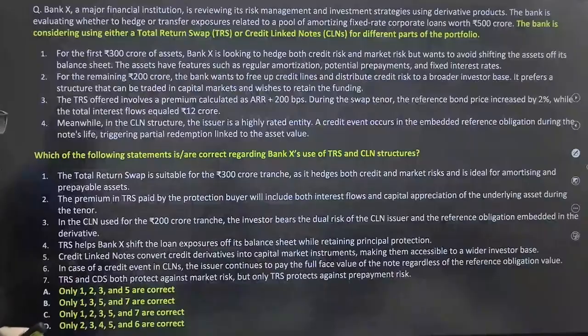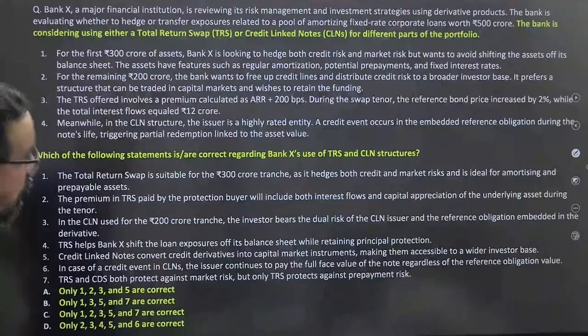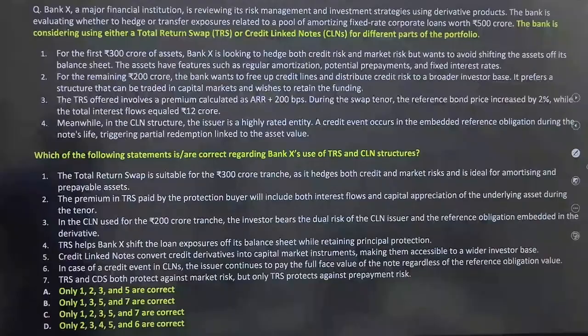Let's move ahead. Please go through this one. It is a little long but very important, very important. So read carefully, everyone. Bank X, a major financial institution, is reviewing its risk management and investment strategies using derivative products. The bank is evaluating whether to hedge or transfer exposure related to a pool of amortizing fixed rate corporate loans worth rupees 500 crores.